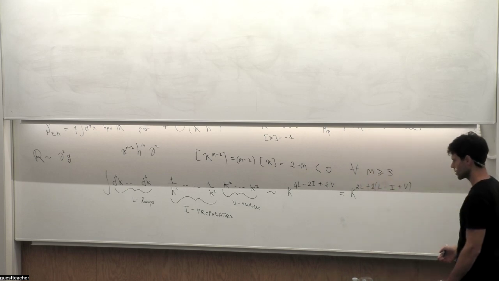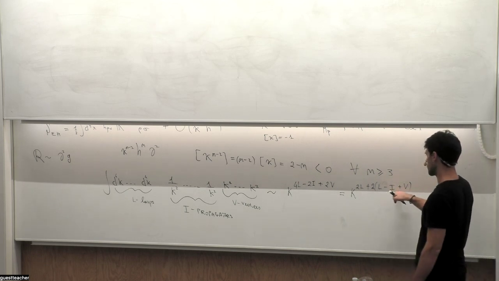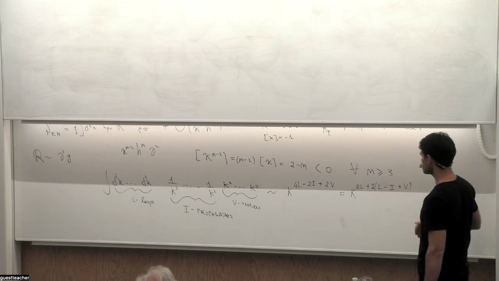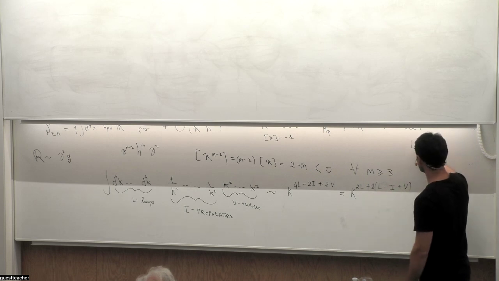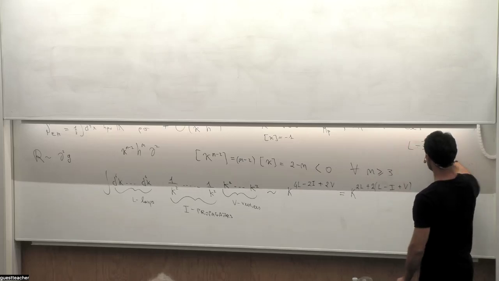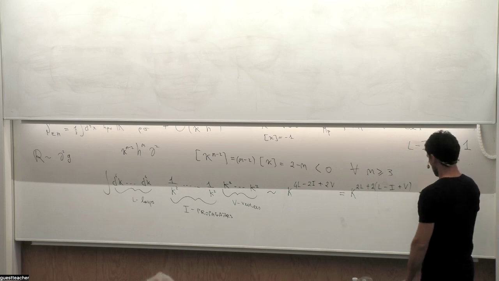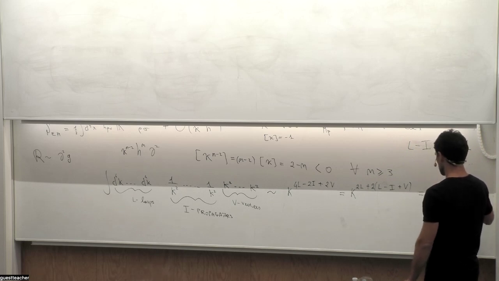This is just the same. And now we can use the topological identity that usually relates loops, internal lines, and vertices in a diagram. So basically this relation. And what you get is that the degree of divergence K grows like 2L plus 2.